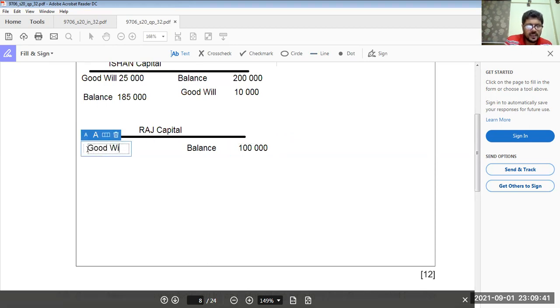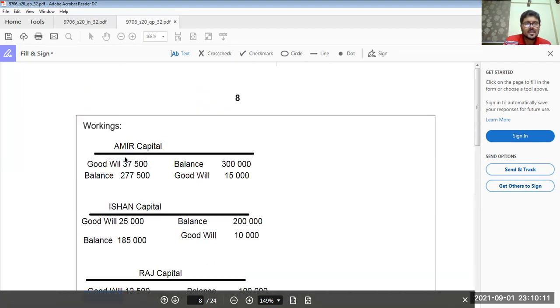Only the reducing goodwill will be debited, and that is 75,000 multiplied by 1 divided by 6, which is 12,500. So his balance that would appear in the balance sheet will be 100,000 minus 12,500, which is 87,500. Done? Okay. Now move to the upper part.